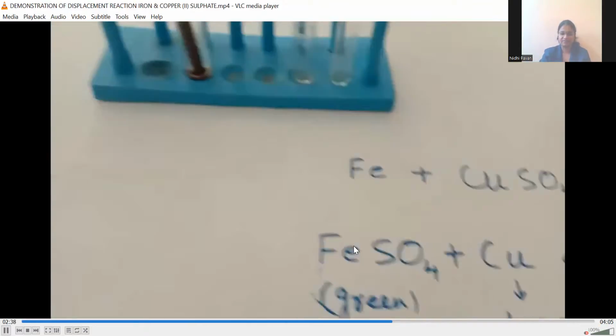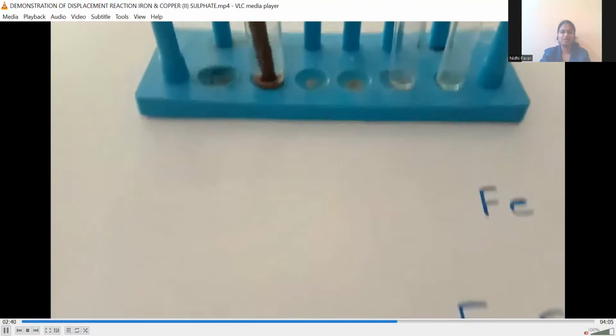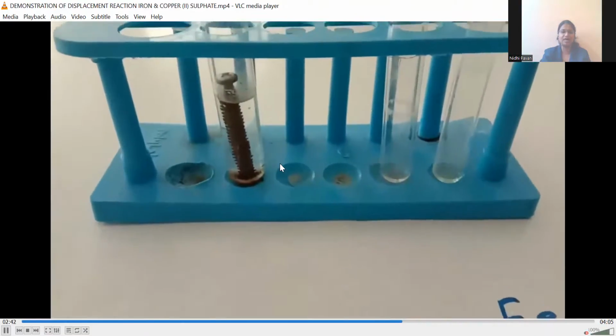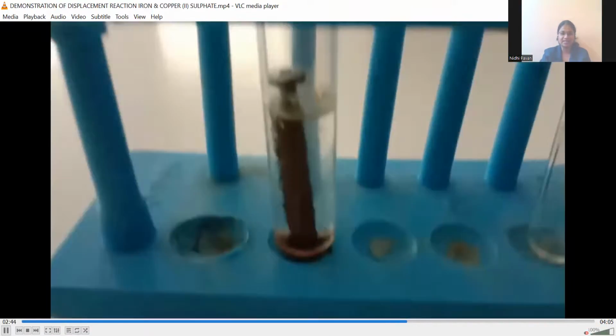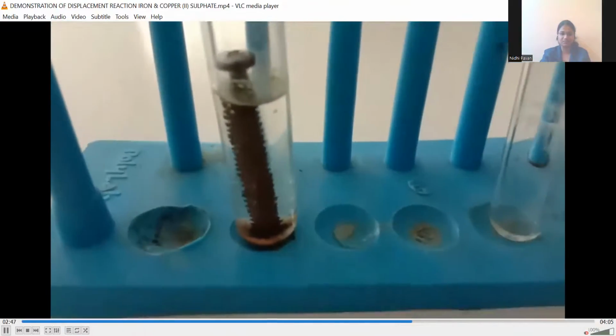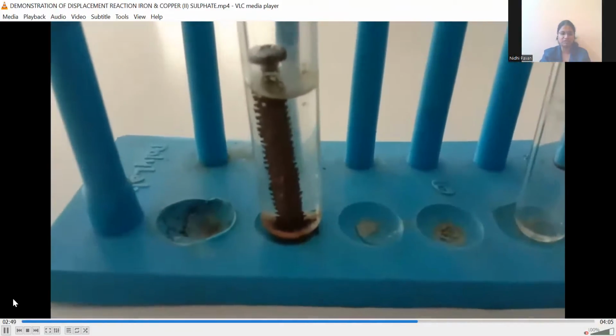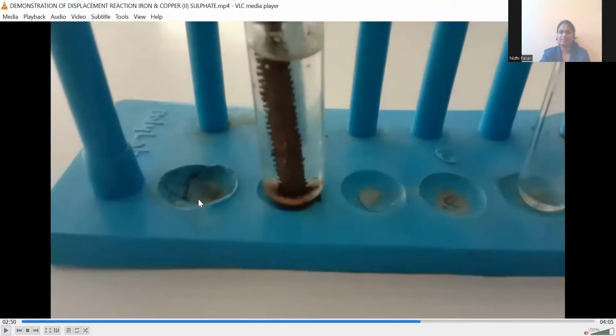So they left it for some time, and now see it when it is left undisturbed. You can see certain deposition on the iron nail. This deposition, what you're seeing, is nothing but copper which accumulated on the iron, and iron from the iron nail is mixed with the copper sulfate solution.